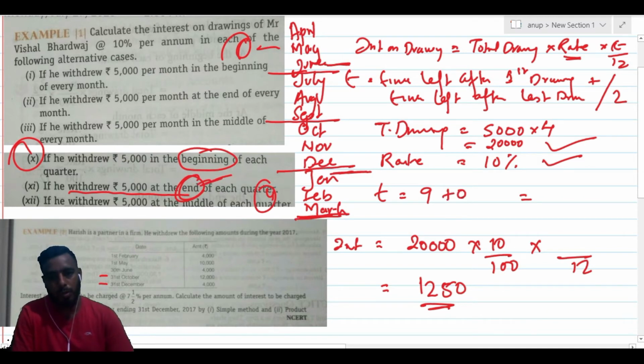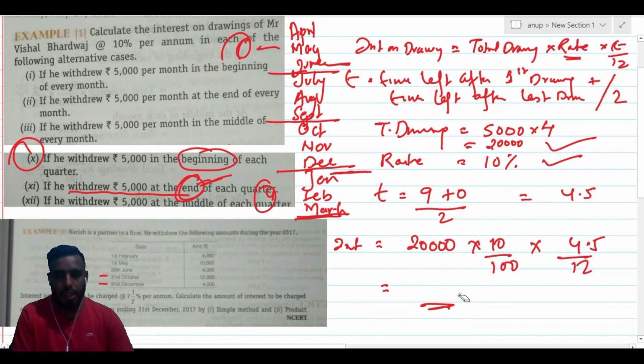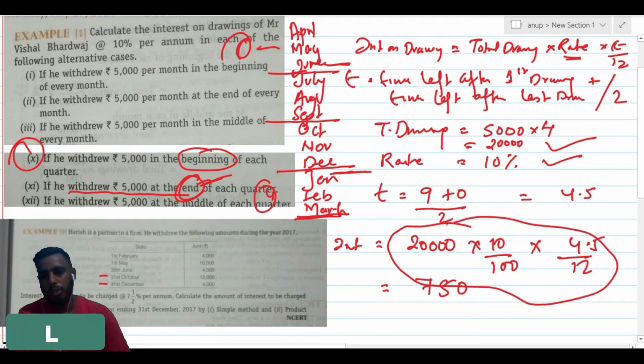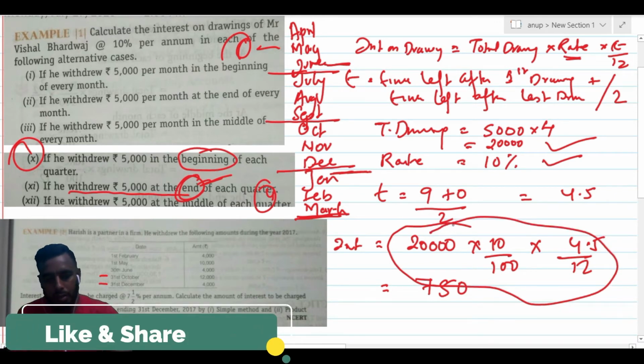After that there is no time left, so it's 2 divided by 4.5. So the t here becomes 4.5, and if you multiply and calculate this whole thing, the interest on drawing will be 750.